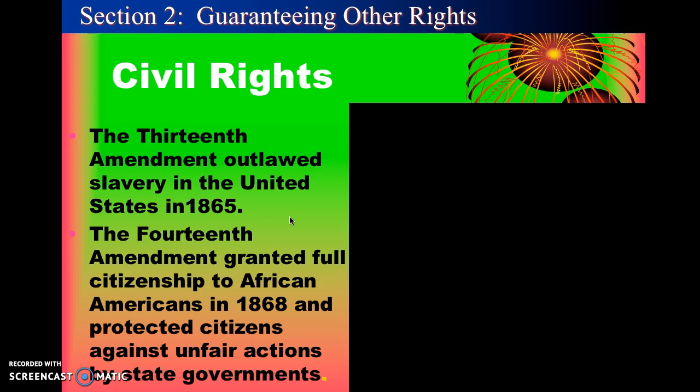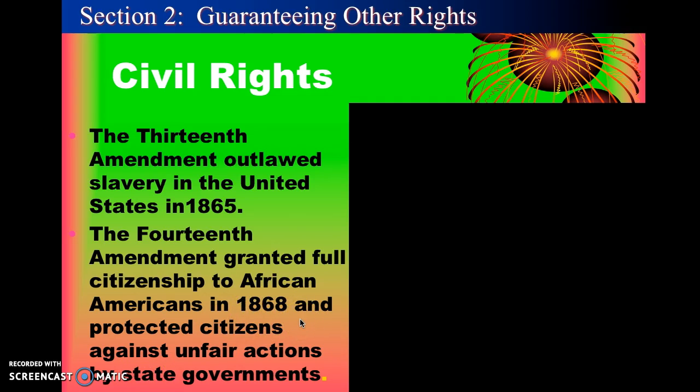And so, what the government did is they said that not only are we going to make them citizens, we're going to protect them against unfair actions by state governments. And the key word there is state governments. It doesn't say by the federal government, by state government. Now, this is in 1868.